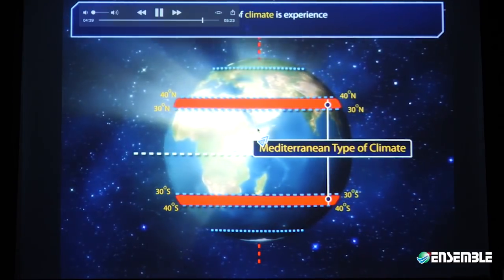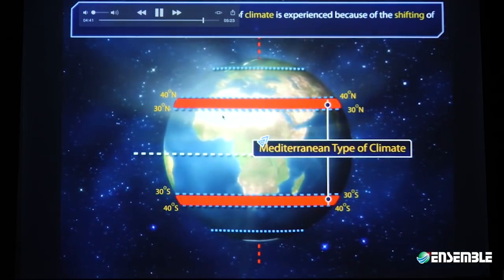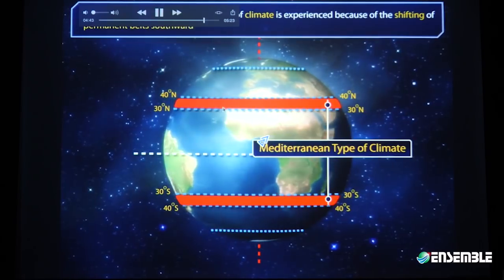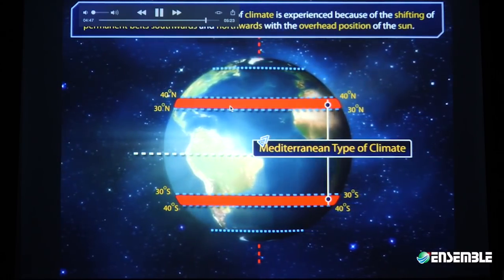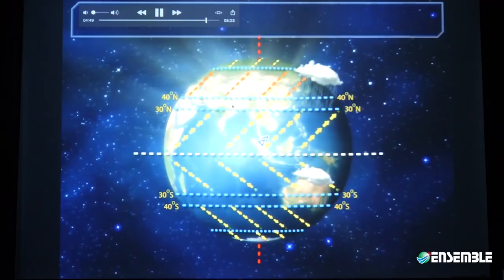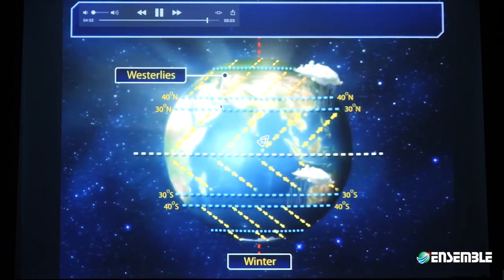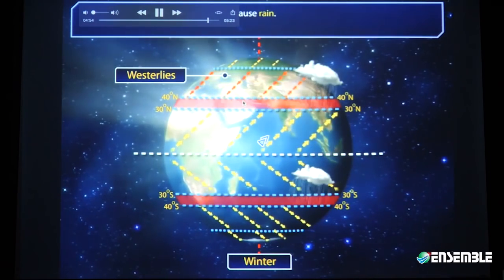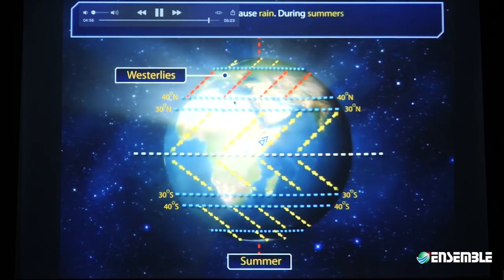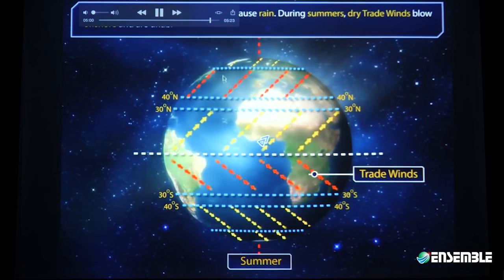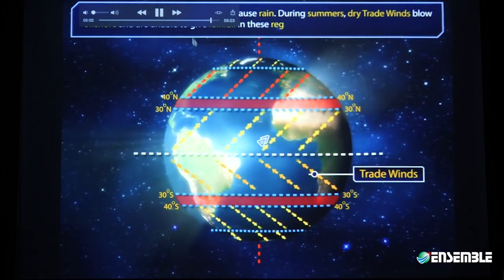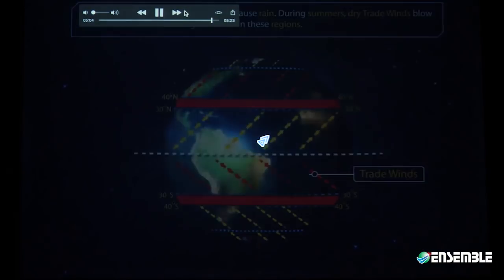Now, accordingly, take a look along this region. In the summer season, the Mediterranean region comes under the influence of the desert, while in the winters, it comes under the influence of the rains. The best manifestation of such a shift is found in the Mediterranean regions.